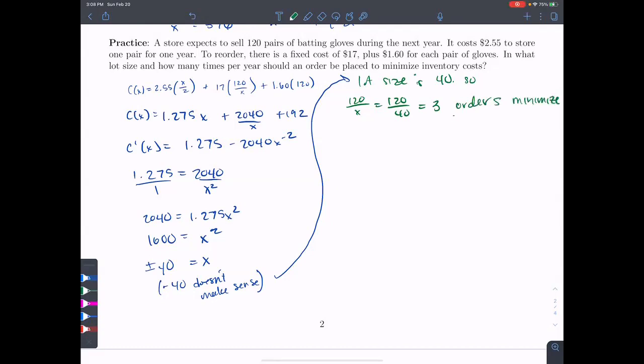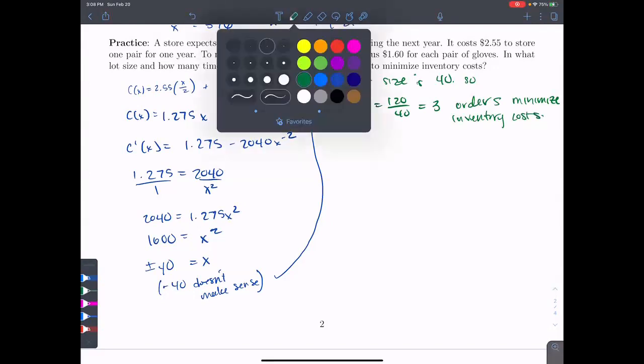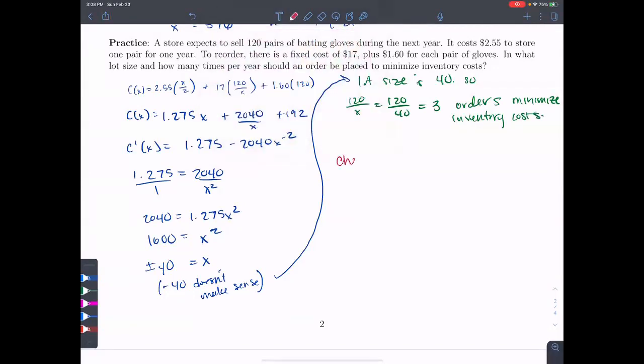Okay, and then we want to just check and make sure it's actually a minimum. So C double prime would be 4080 x to the negative 3. C double prime of 40 would be positive. So concave up like a cup. So it's a local min.